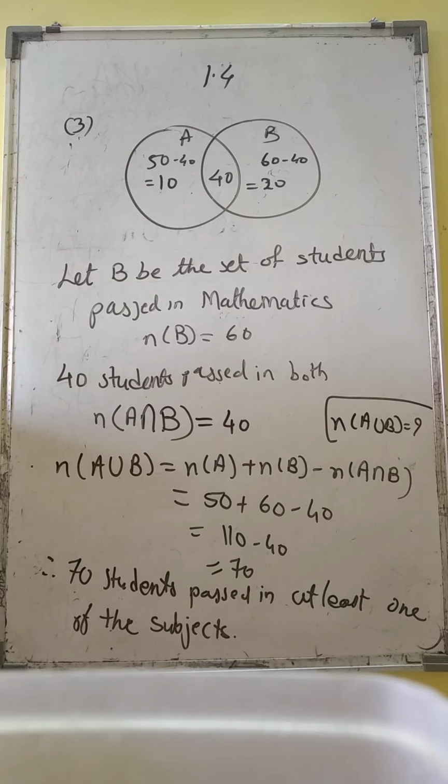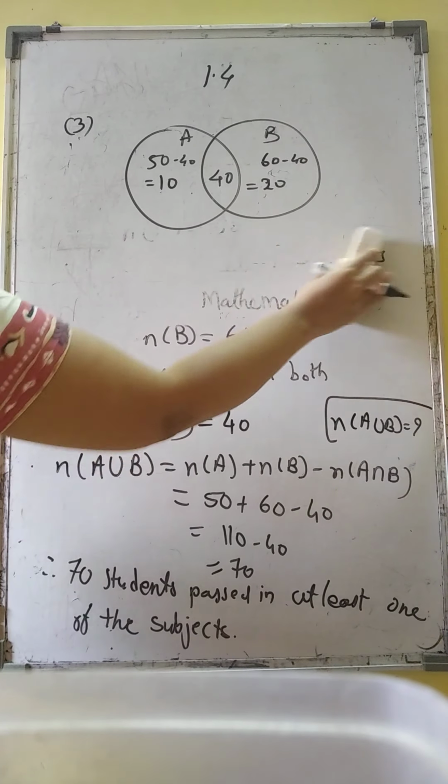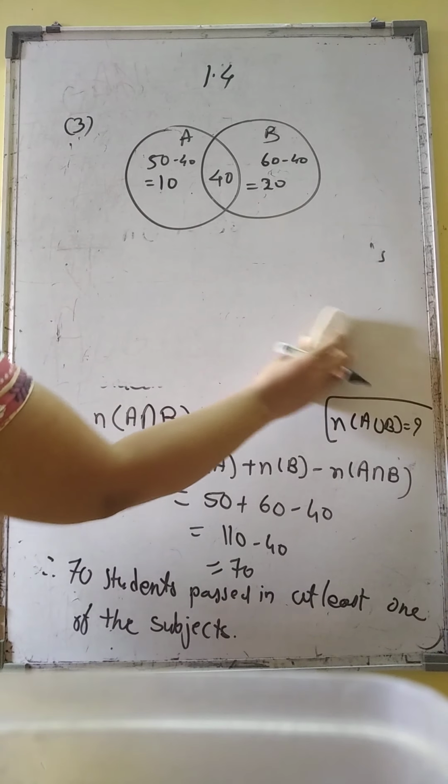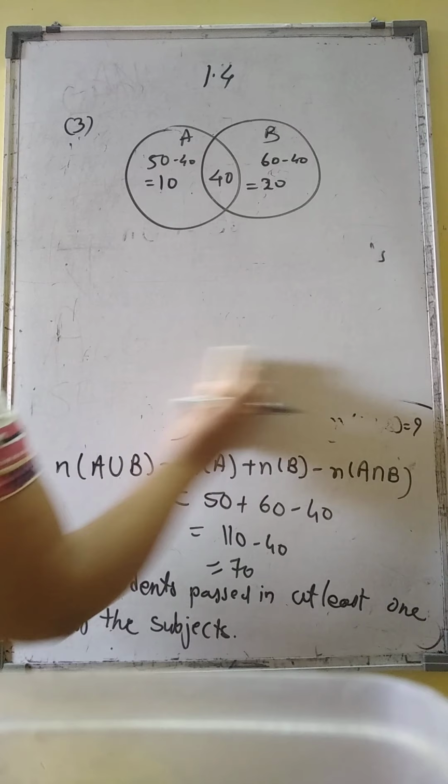Follow the Venn diagram. Yes, miss. Yes, Krish. In the Venn diagram we have to solve like this: 50 minus 40 is equal to 10. You can directly write the answer 10 also, no problem.